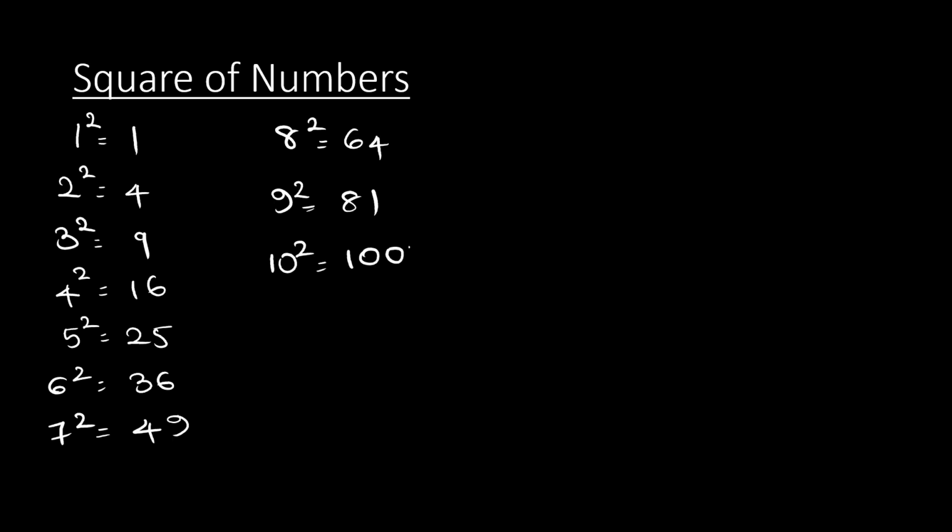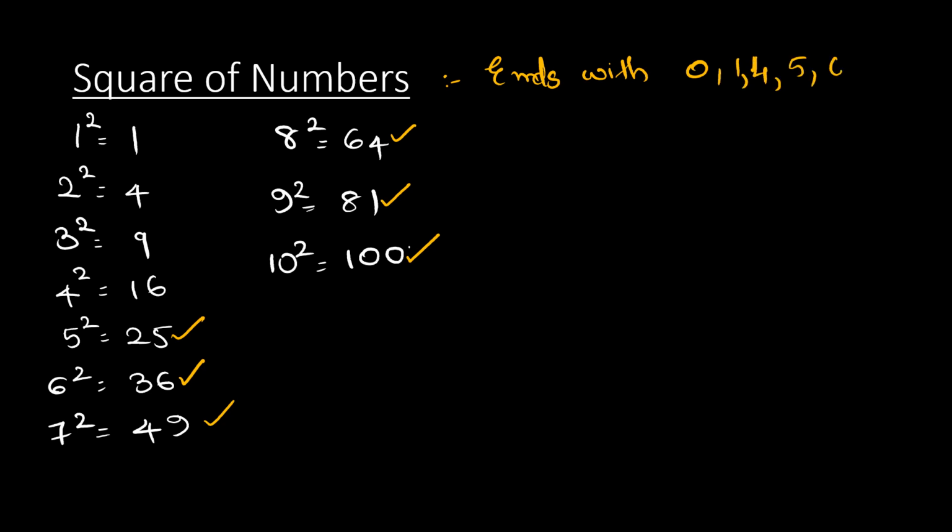So here we can see that the square of the numbers always ends with 0, 1, 4, 5, 6 and 9. That is, the square of the numbers ends with 0, 1, 4, 5, 6, 9.